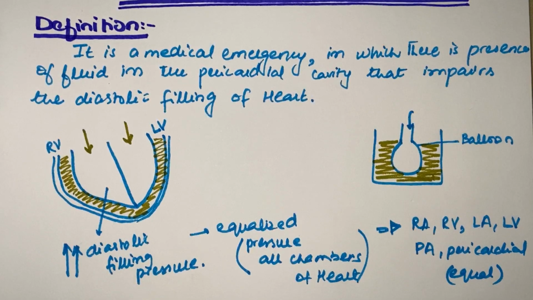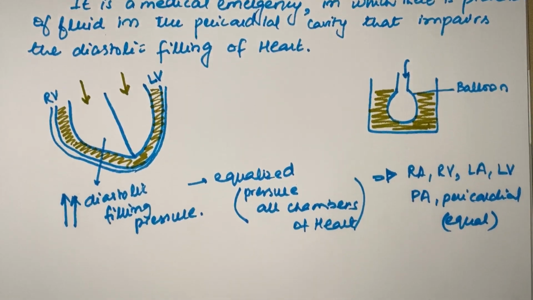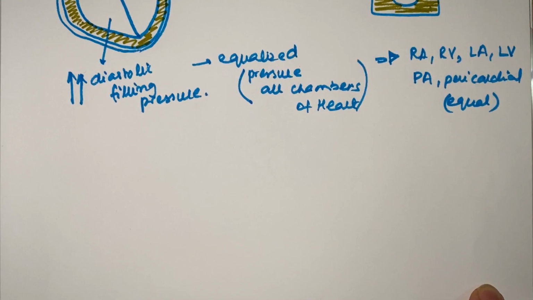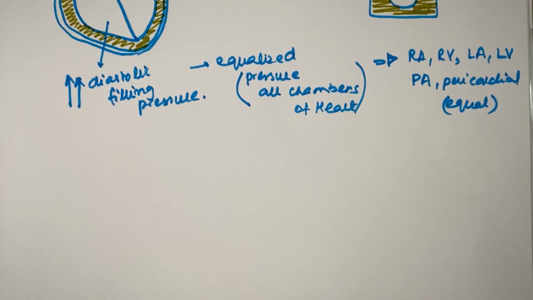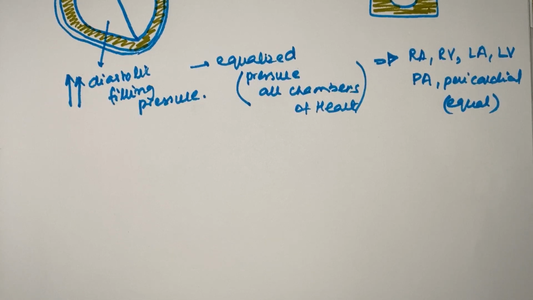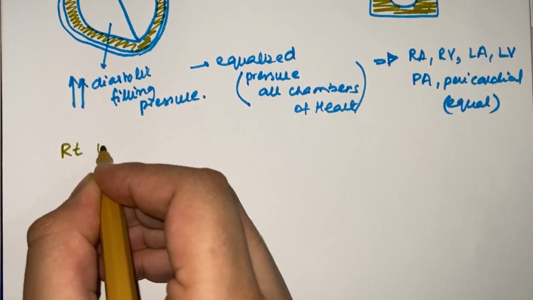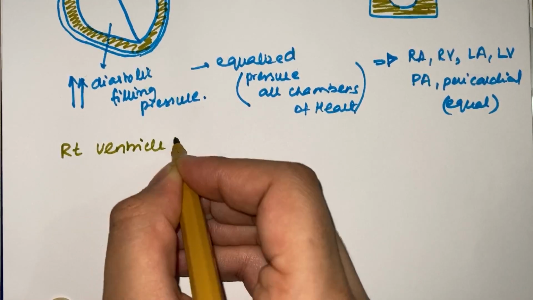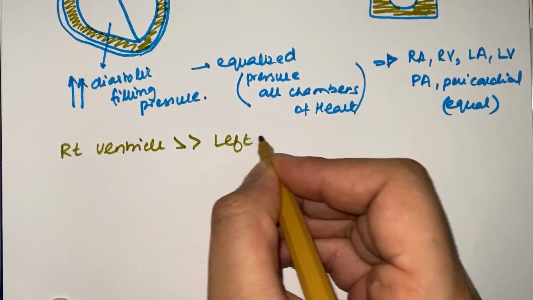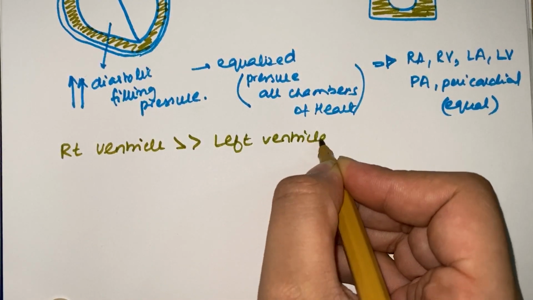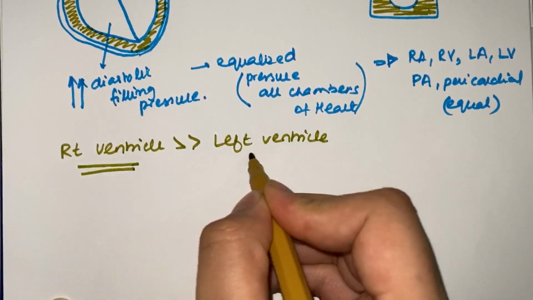Now some very basic concepts, but we'll relate them here and they'll bring very big changes for us. First of all, in cardiac tamponade, which part of the heart, either the right ventricle or the left ventricle, is more affected? If I say that the right ventricle is more affected as compared to the left ventricle, I think you'll get this point.